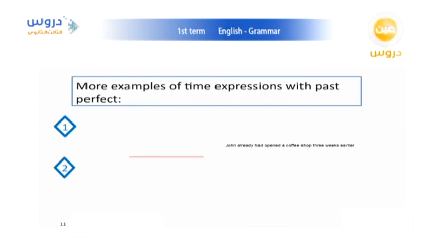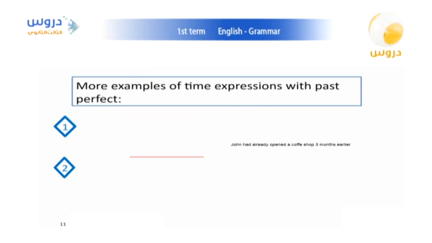So here you can say John had already opened a coffee shop like 3 months earlier, to make it clear for you.